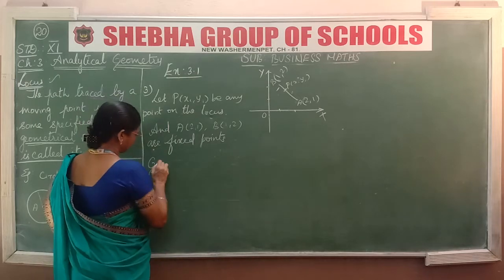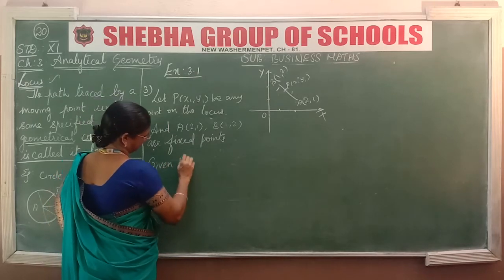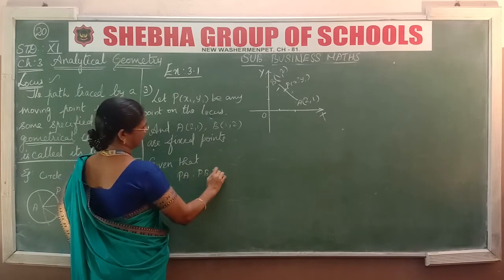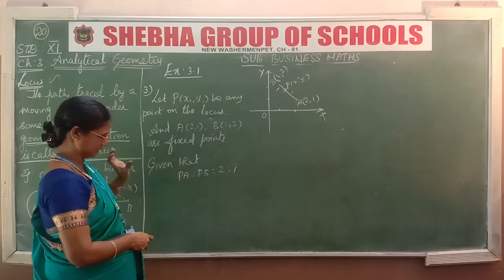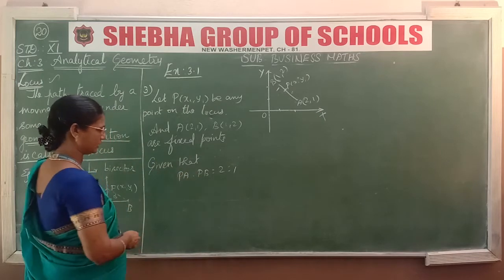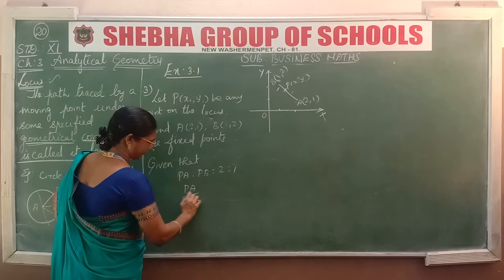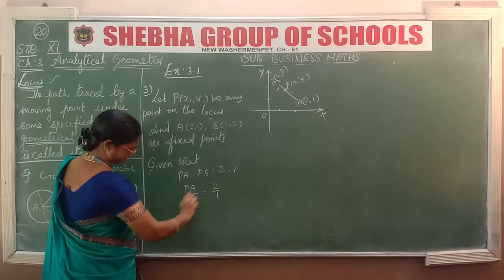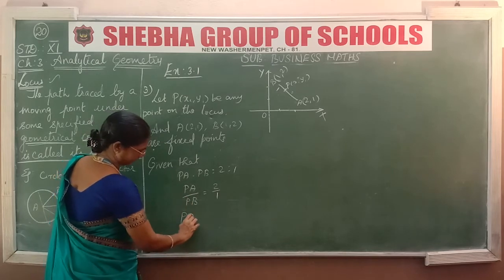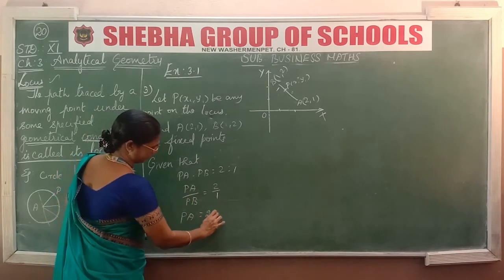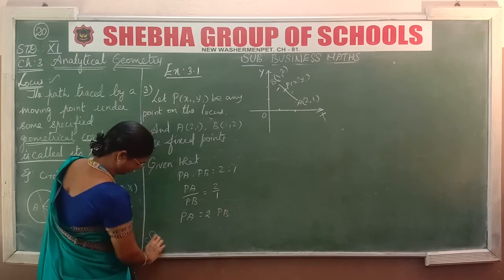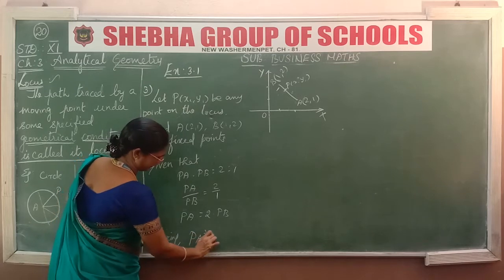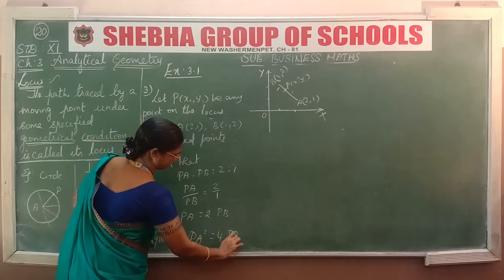Next write the condition given: PA is to PB equal to 2:1, or PA by PB equal to 2/1. Now cross multiplying we get 1 into PA is equal to 2 into PB. Now squaring on both sides we get PA square equal to 4 into PB square.